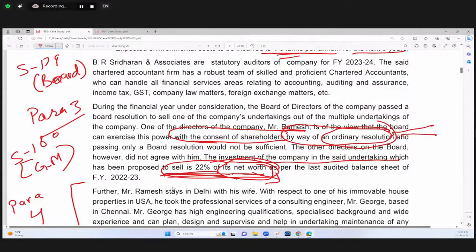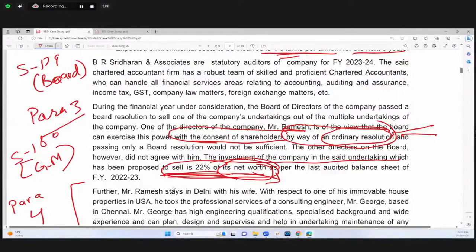Whenever we are conducting a board meeting or a general meeting, we have to give a notice to the shareholders telling about the items and resolutions to be discussed. The length of the notice, covered in the intermediate, is 21 days. These basic concepts should be clear in your mind.